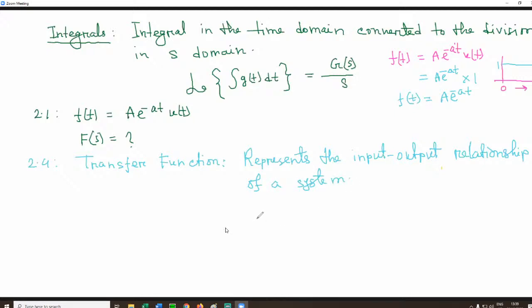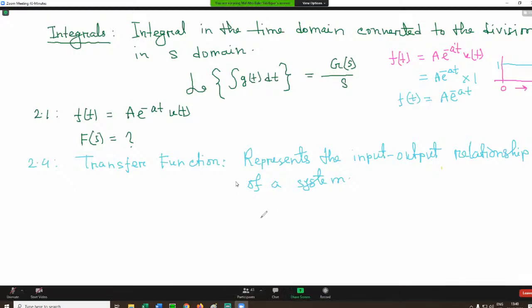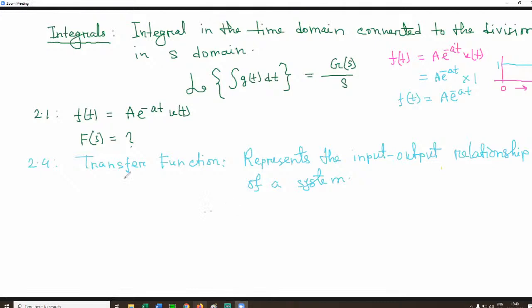If you want to represent that in an equation, you can write transfer function equal output by input.